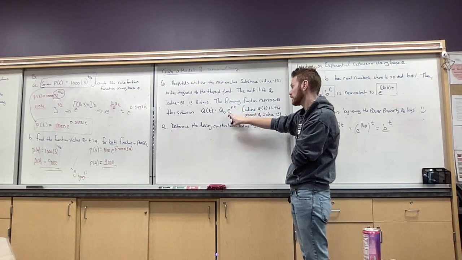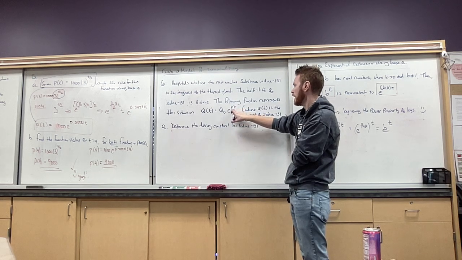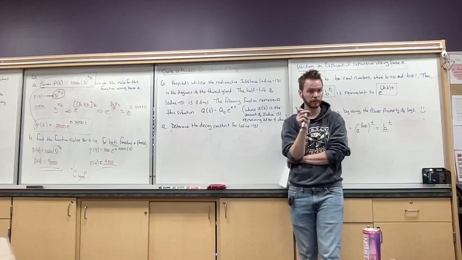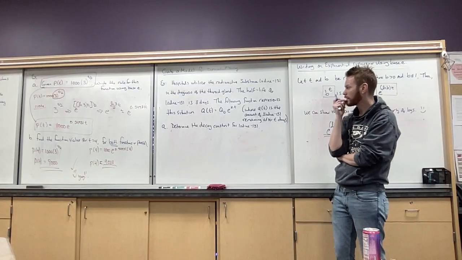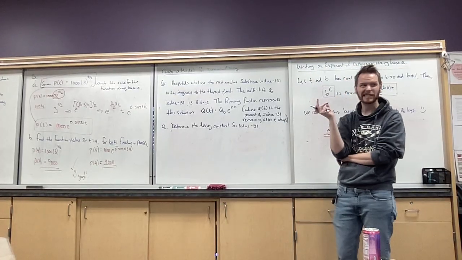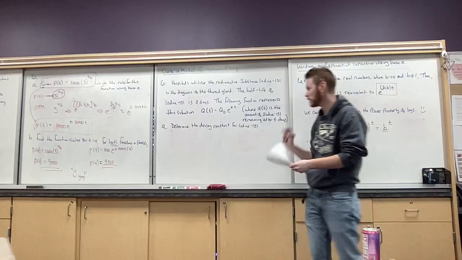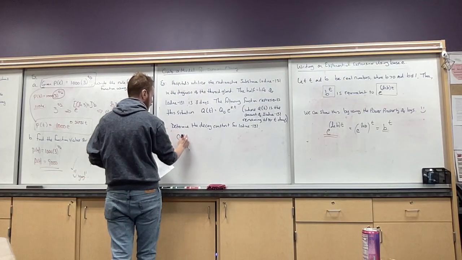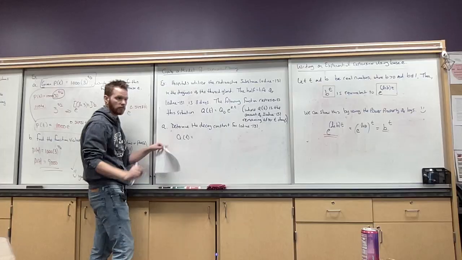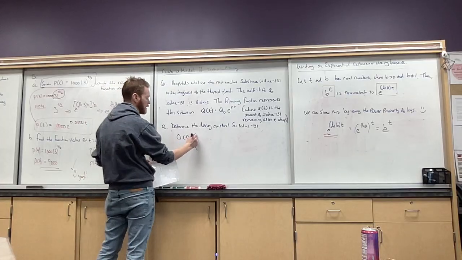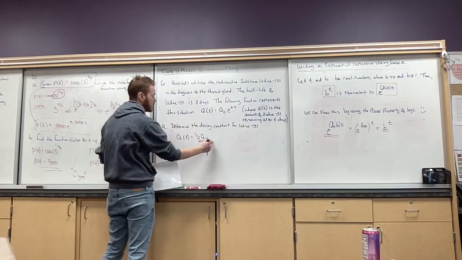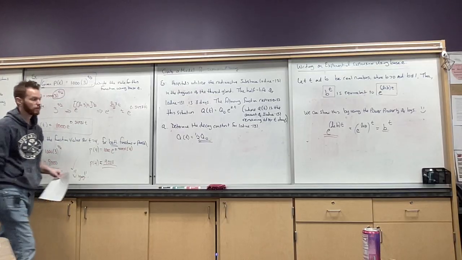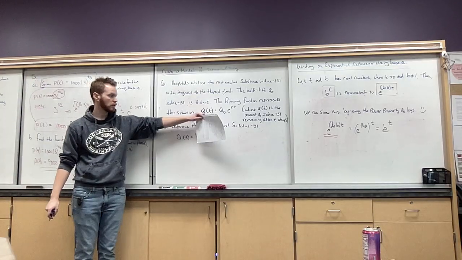No. I know e's involved. I have to solve for k, and t is going to be 8. Now, how do I deal with Q naught, because that's something I don't have a number for? Well, I know that what I'm left with, the end result, is going to be half of what I started with. That's just what half-life means. So what I can do is substitute this into my formula.